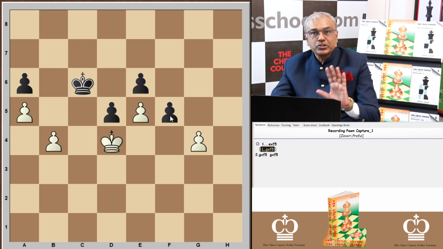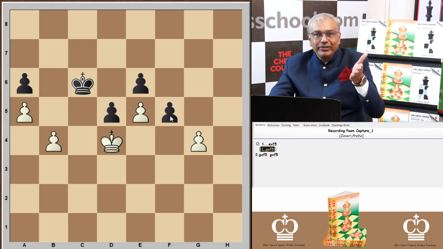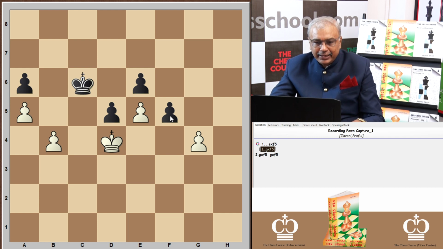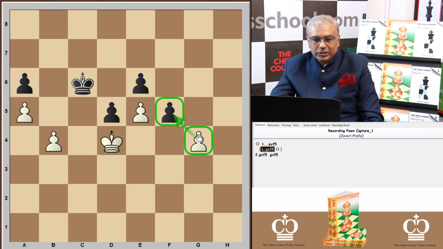What you have captured is not important, only the square on which you are doing the capturing. And now it's the turn of white and he wants to capture the pawn on f5 with his g4 pawn. So again the notation would be G captures f5.